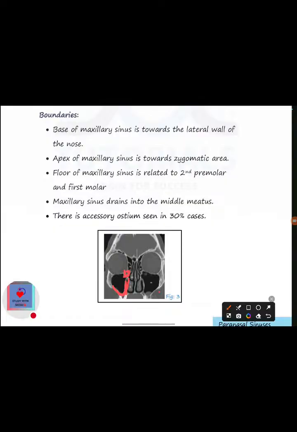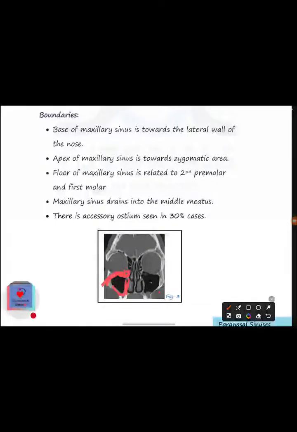The floor of the maxillary sinus is related to the second premolar and first molar teeth. So if you go above the second premolar and first molar, you will find the maxillary sinus floor.